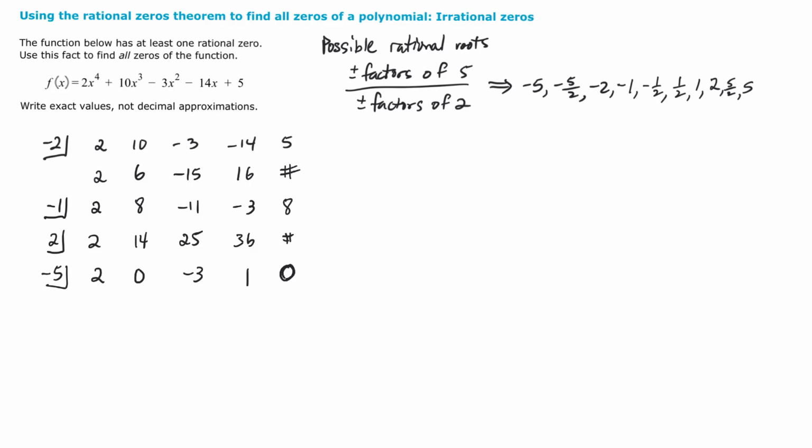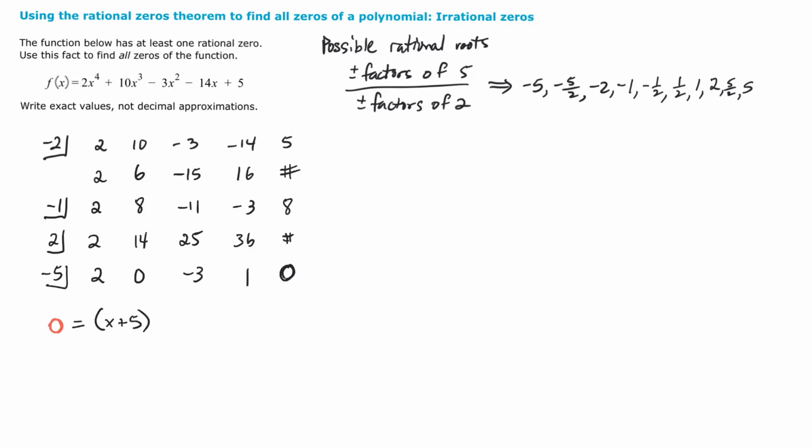First of all, to find all the zeros, we need the output y to be 0. So we have 0 equal to one of the factors, x plus 5.